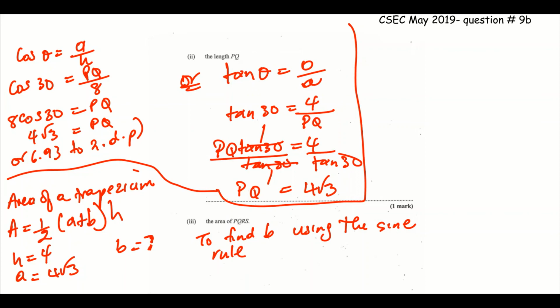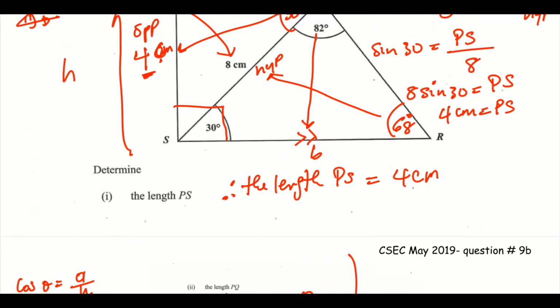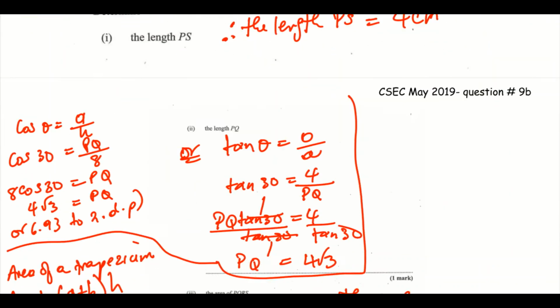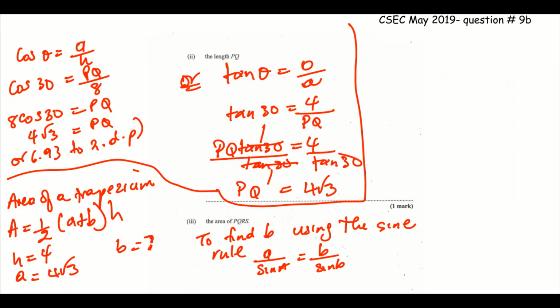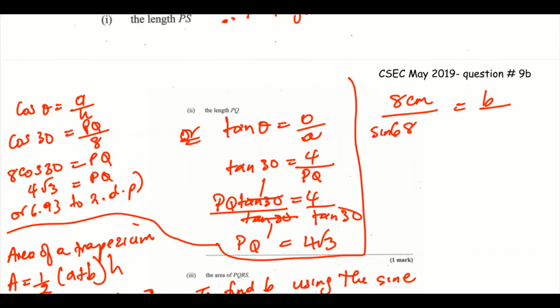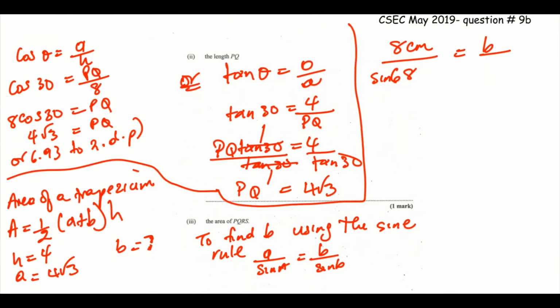So we have 8 centimeters over sine 68, which is equal to b over sine 82.